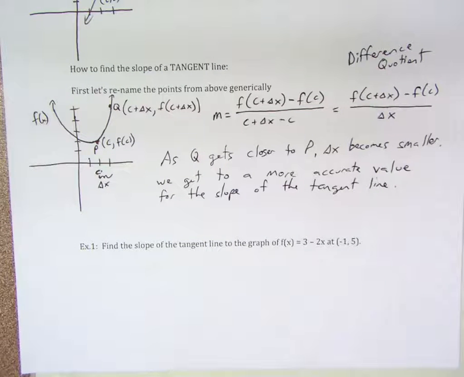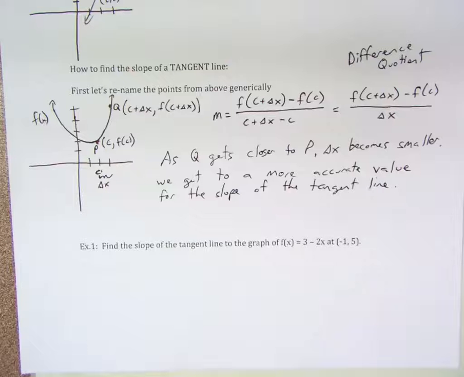So if we want to find the slope, and this is important right here, the slope of a tangent line, which is the whole foundation of first semester calculus, the slope of the tangent at point C comma f of c. So in this case, this point P right here is c comma f of c.